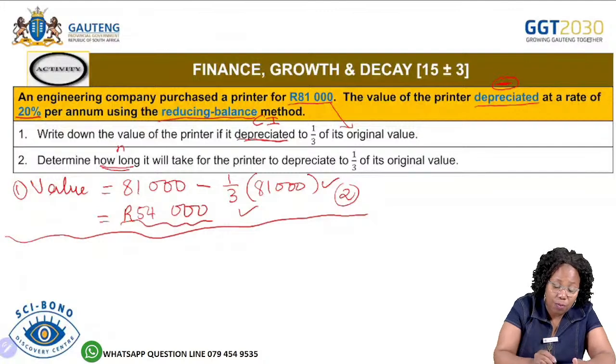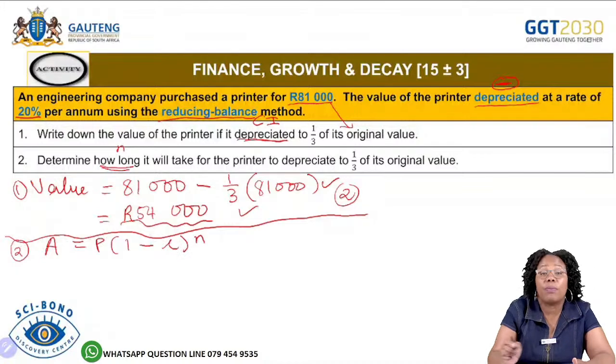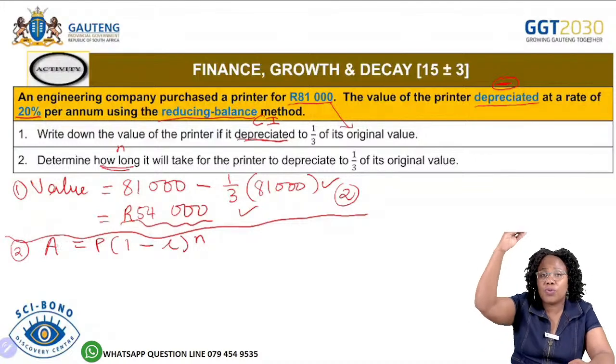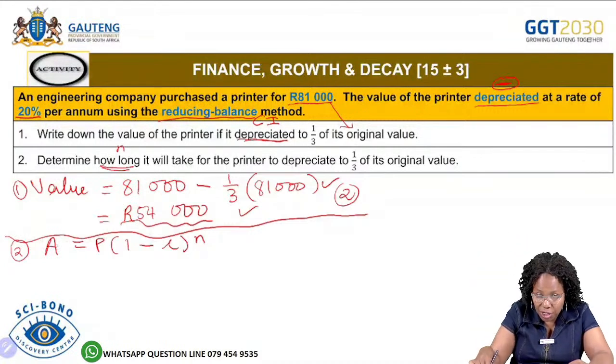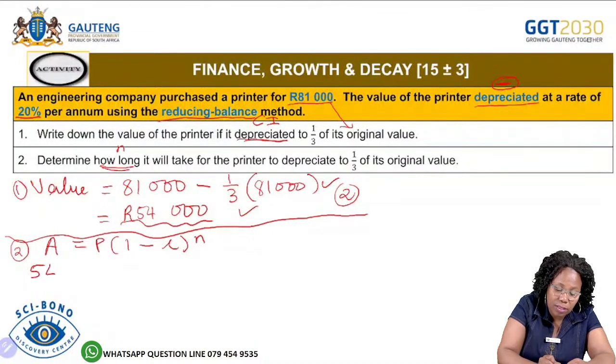And now we are using the compound interest formula that has depreciated, minus i to the power n. And what is the value of A now? A is the depreciated value, because we started at 81,000. Now the value has depreciated to 54,000. So now the value will be 54,000.